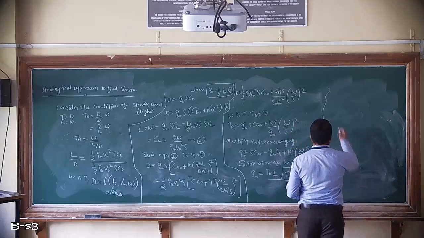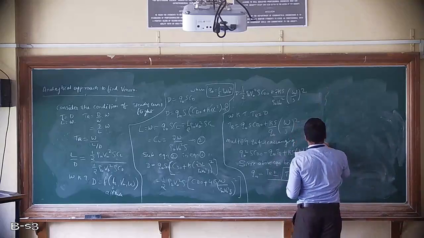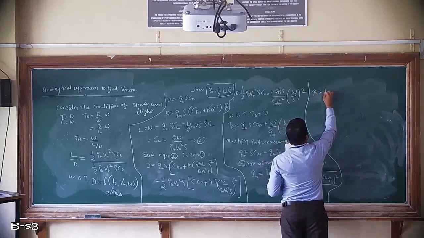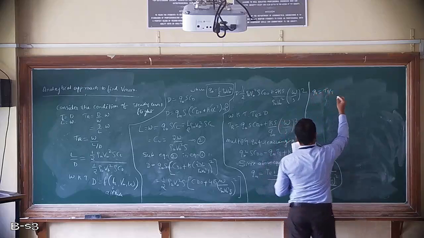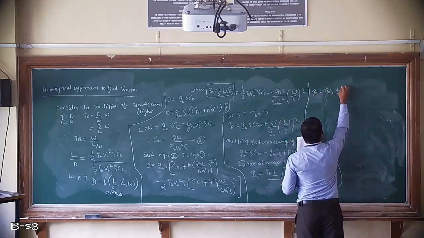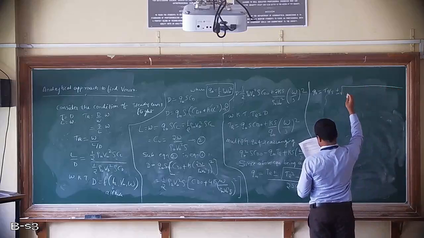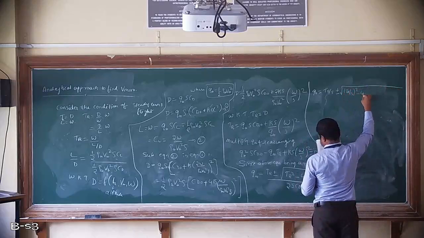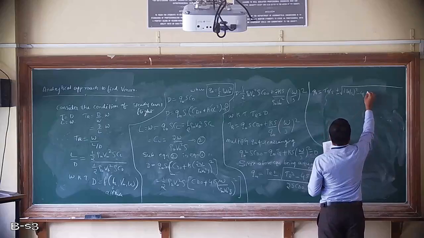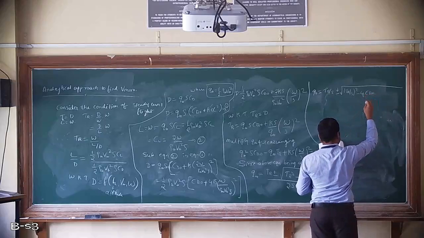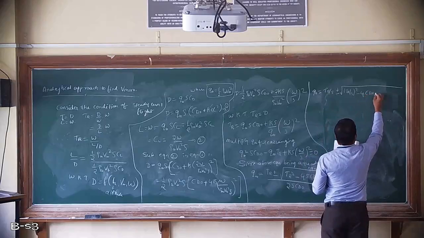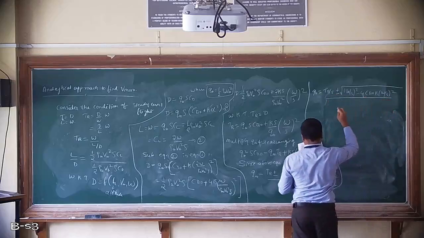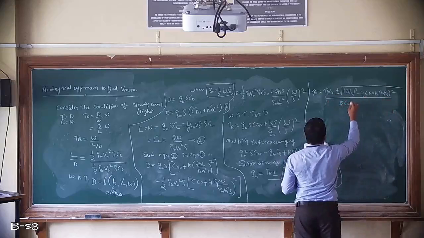After simplification, Q infinity equals TR by S plus or minus square root of (TR by S) square minus 4 CD naught K multiplied by (W by S) whole square, whole divided by 2 CD naught.